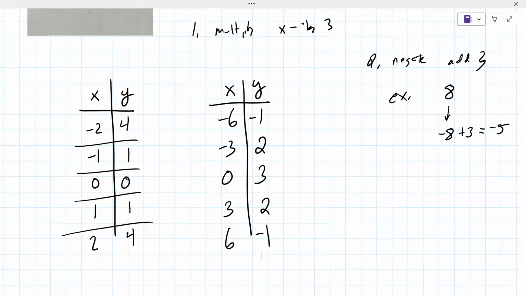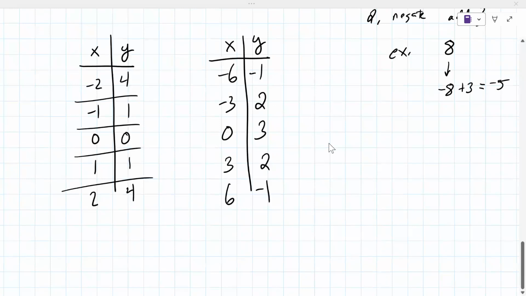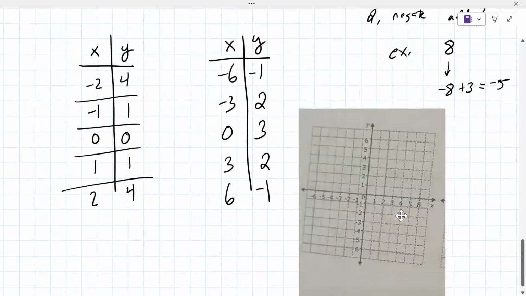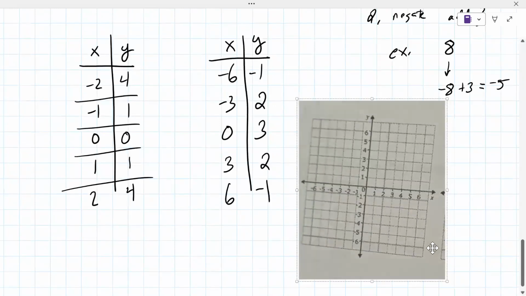Okay. So I want you to graph these points on the next graph, please. Let me know when you've done that.